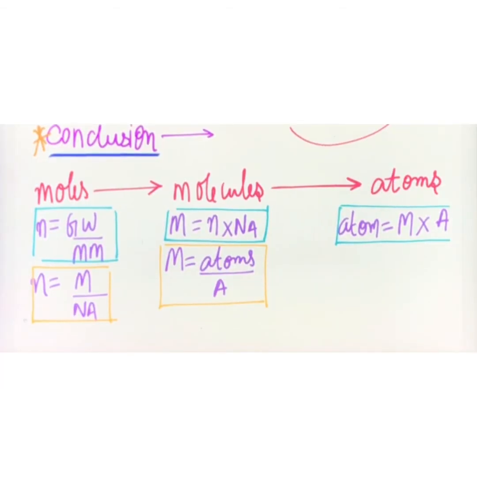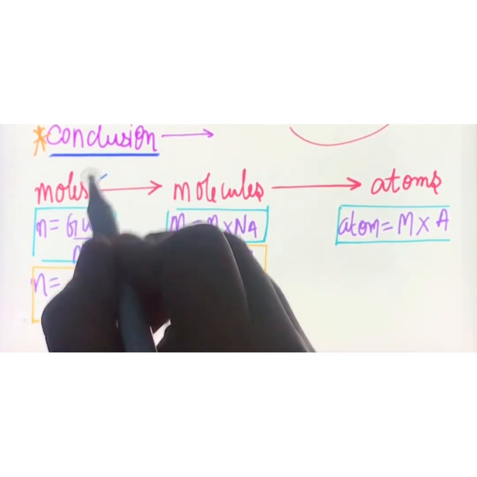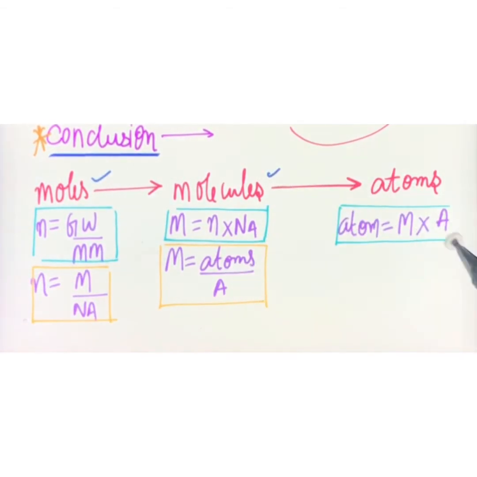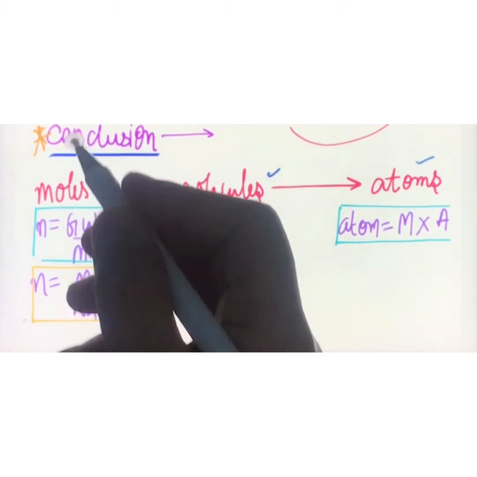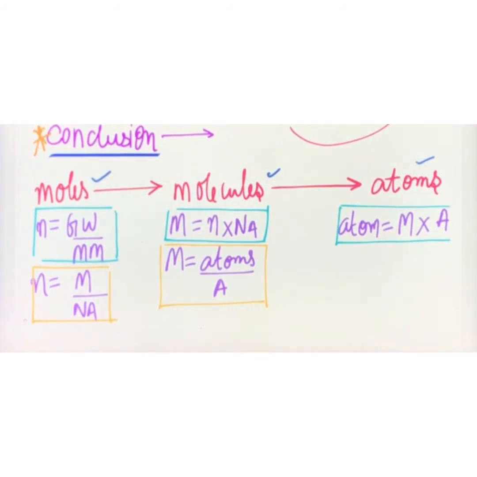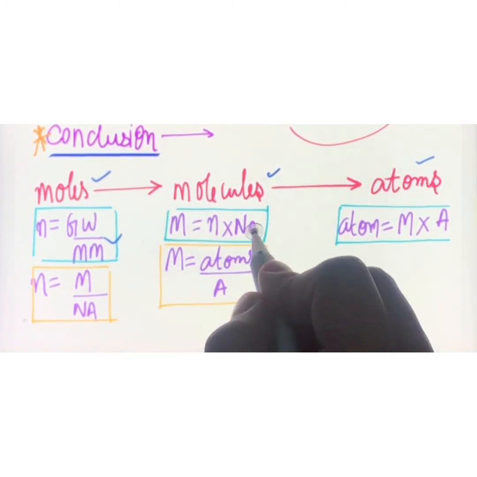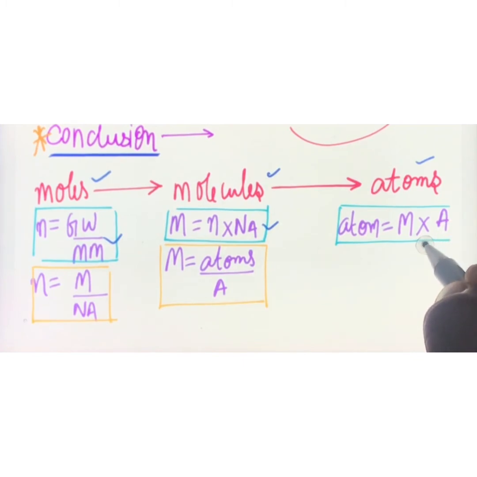So now when we are done with the 3 tricks of calculating the number of moles, the number of molecules and the number of atoms, this comes out to be the conclusion. This small flow chart is very important that you should keep in your mind, and it is very easy. It only includes the 3 formulas that you did in the previous 3 tricks I taught you.